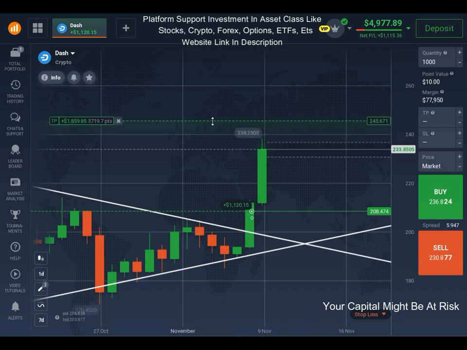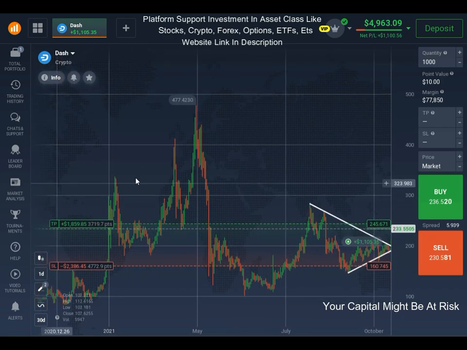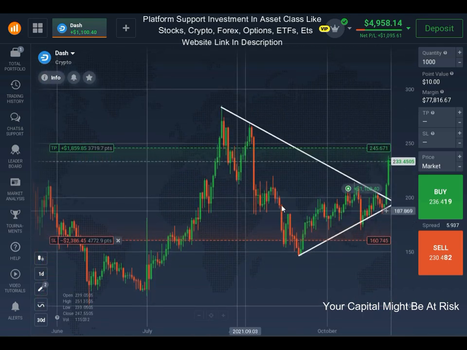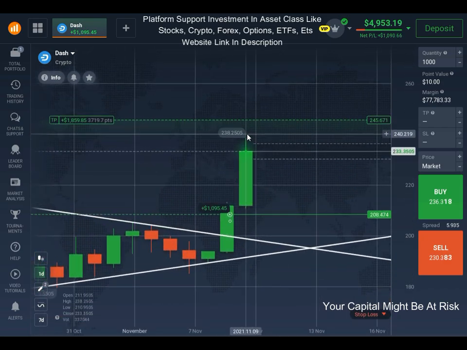My profit level was here, but when I go back, I saw that there is a whole number level beneath the profit line here, and I wanted to exit my trade here because this was the next resistance level, but as you can see, the market is getting rejection from this resistance level. This is a whole number level. Let me draw it so that you can understand it.